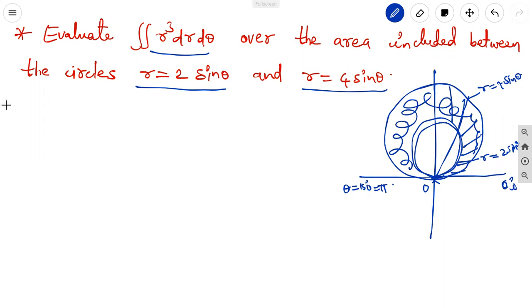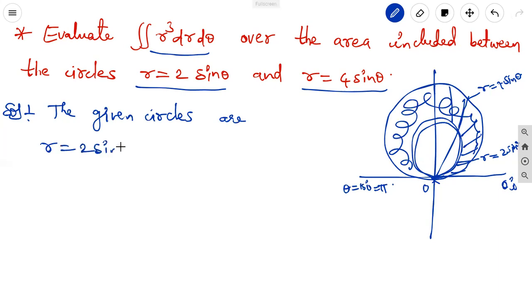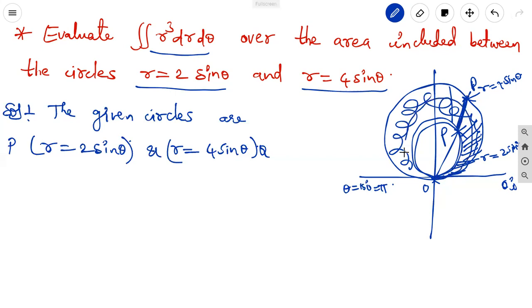Here, first we take the given circles, r = 2 sin theta and r = 4 sin theta. This is point P and this is point Q. The line is angled from 0 to pi.